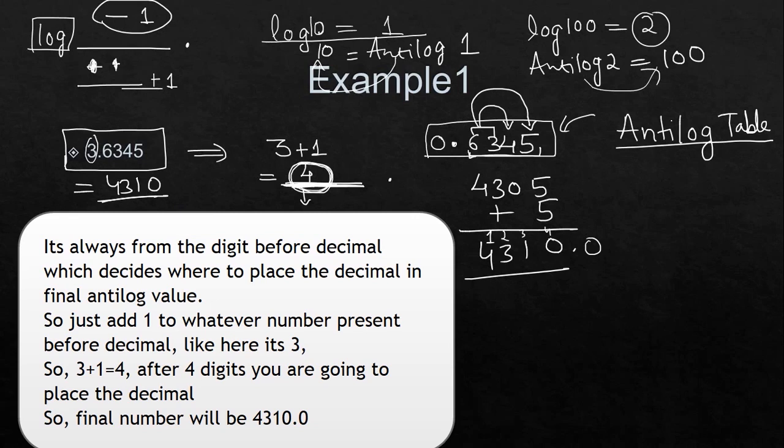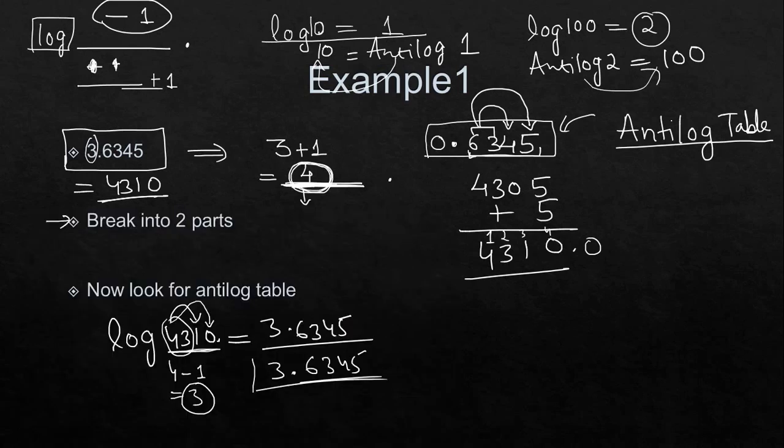Since there is no number after it, we can quickly write that the antilog value of 3.6345 is 4310. You can also cross-check that antilog and log values are entirely opposite of each other. Since this is the antilog value, find the log of 4310 and you will get the same number, which is 3.6345.